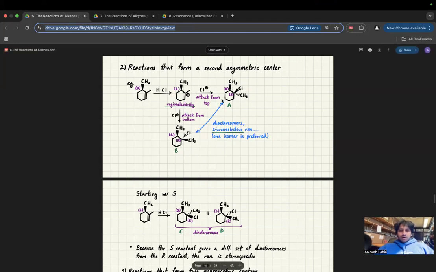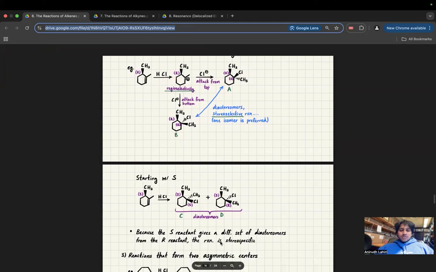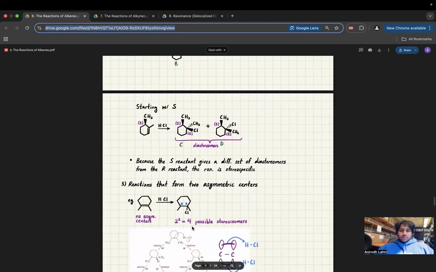We have SS and SR. Because the S gives a different set of diastereomers from the R reactant, the reaction is stereospecific. I got different products from these two starting materials, which are the same except they have different stereocenters, so I have stereospecificity.